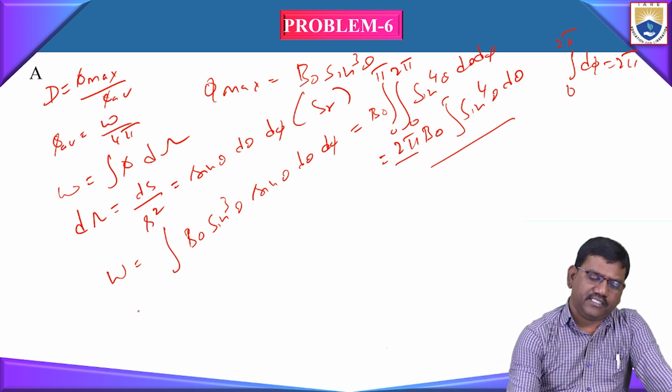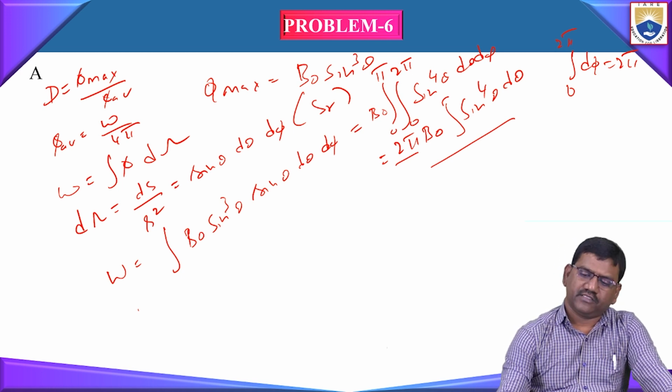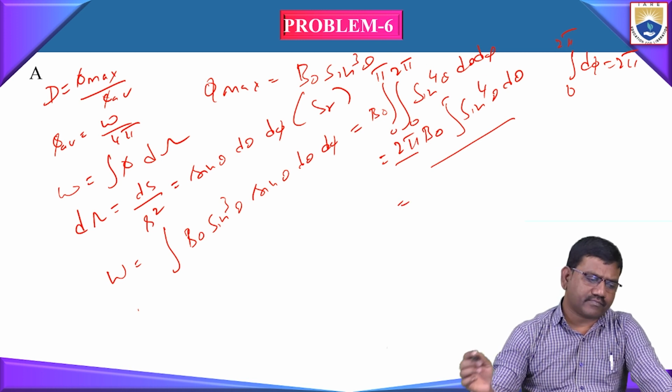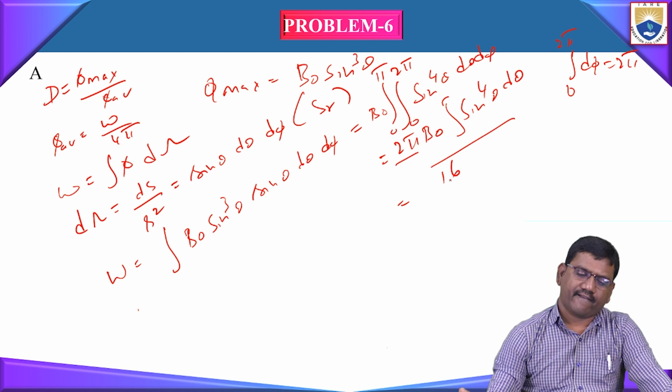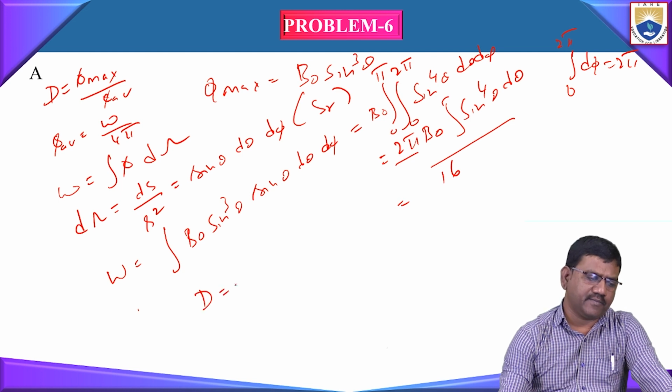And now we know that D is equal to phi max by phi AV. We need to find out the value of D here. So if you simplify this, D is equal to phi max by phi AV.